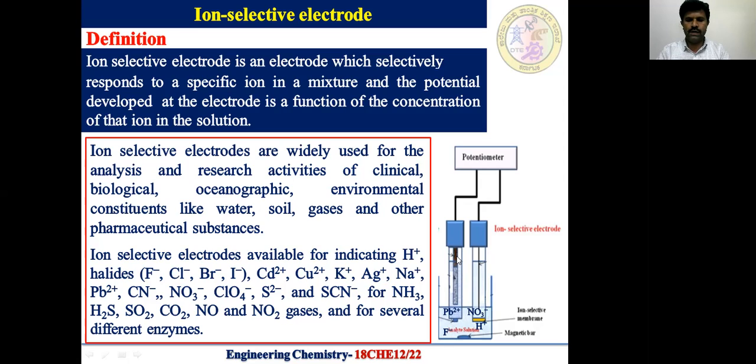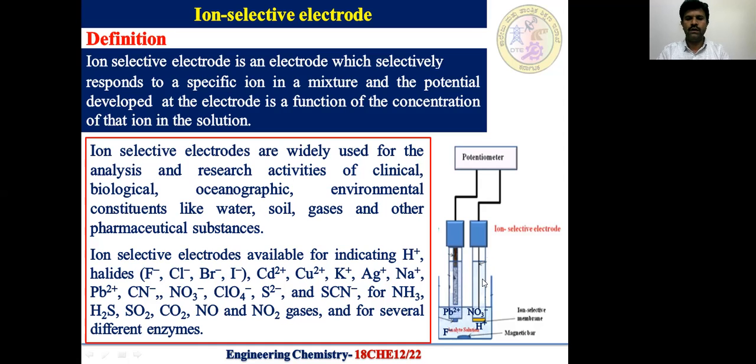If we immerse a reference electrode and indicator electrode into this solution, if this indicator electrode responds to only a particular ion, even though the solution containing different ions, then we can call this electrode as ion selective electrode.